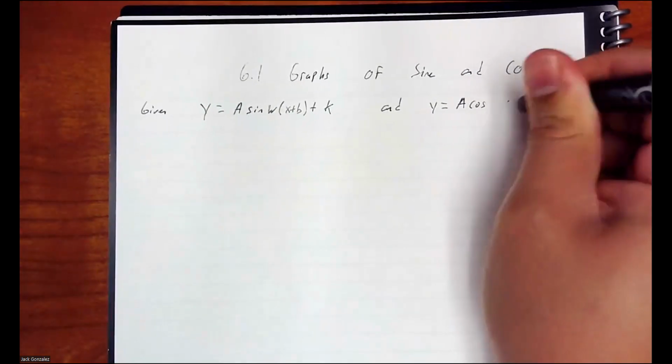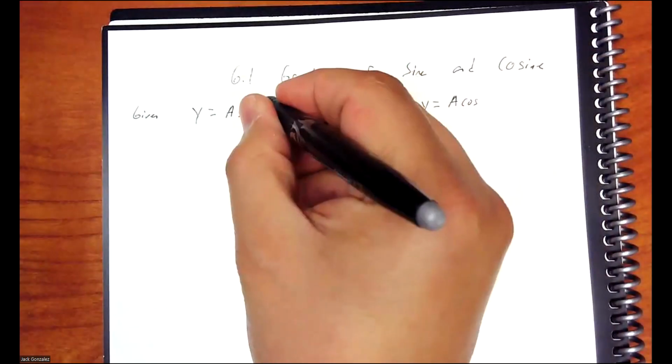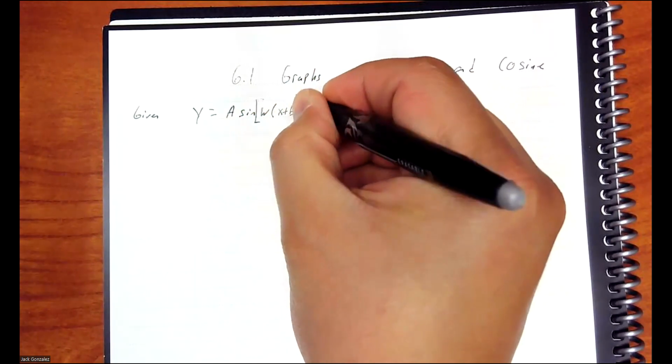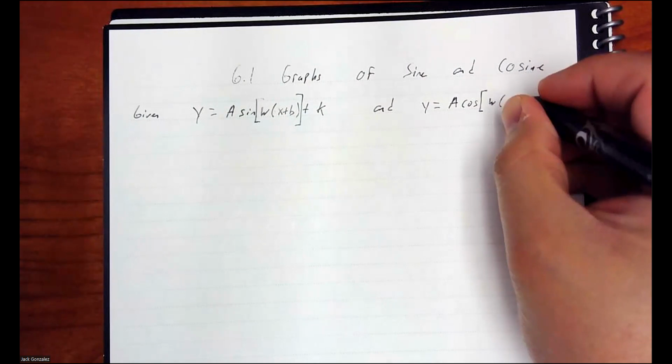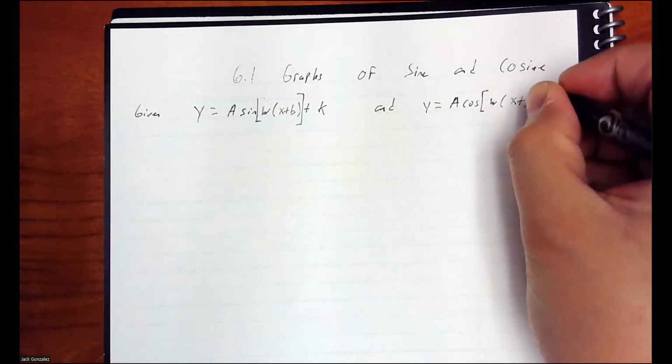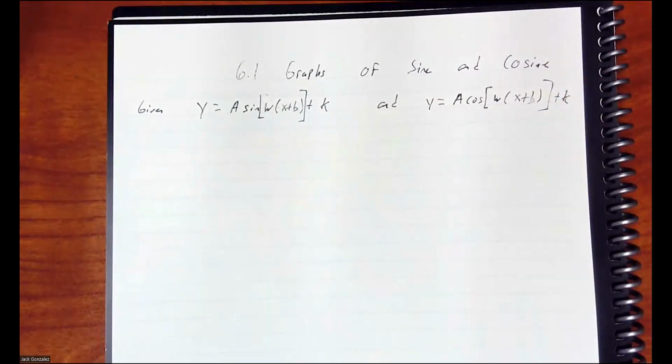Let me go ahead and fix that. If you prefer, you could put a bracket in here if you like that better. When you first start these problems, there's not going to be a b. It's just going to be the omega x by itself, and it'll be straight up. But after a few problems, it'll be more complex, and eventually you need to be able to factor the omega out, okay?